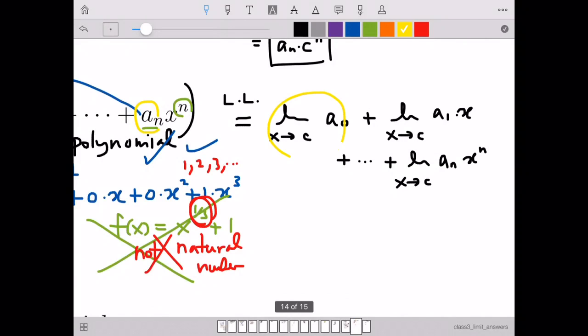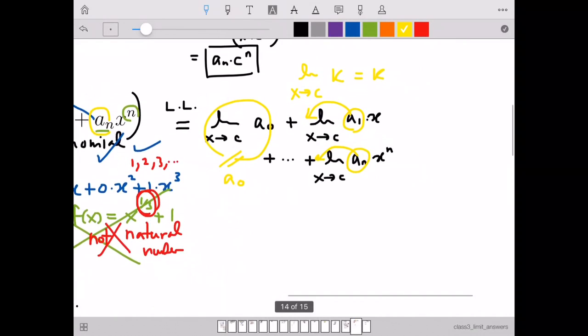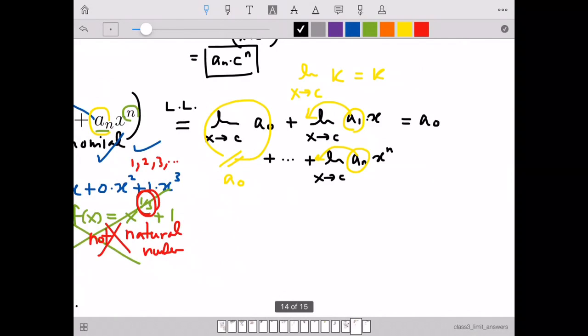And from part A, the limit as x approaches c of a constant k was k, right? So it is a0, and for the others we take constants out and take the limit, so we get a0 plus a1c plus an c to the n.